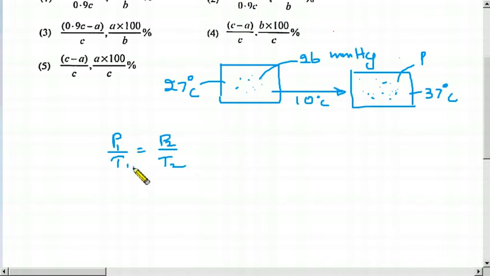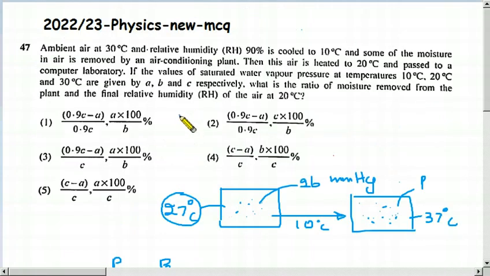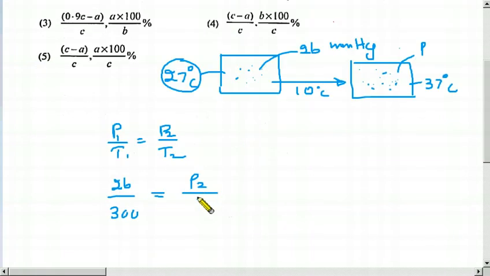P1 is 26 in mercury millimeter. Then absolute temperature is 300, because we have to convert this to absolute temperature by adding 273 degrees, you know that. So P2 is what we are going to calculate now. Now I am going to show you, not this question. Then T2 say 37, then 10 degrees increase, then 310.